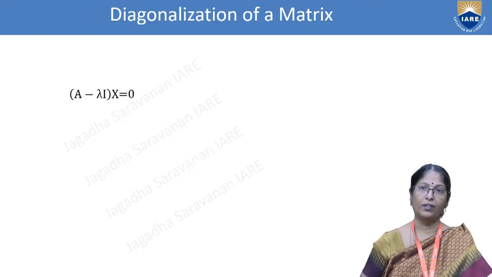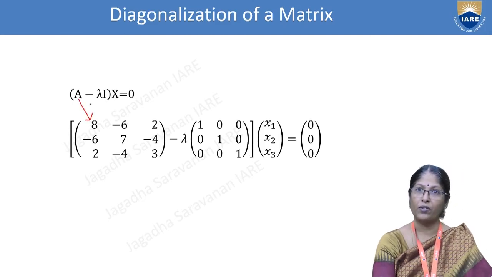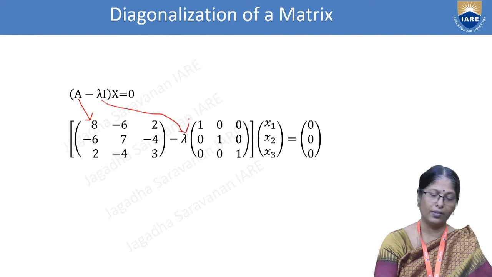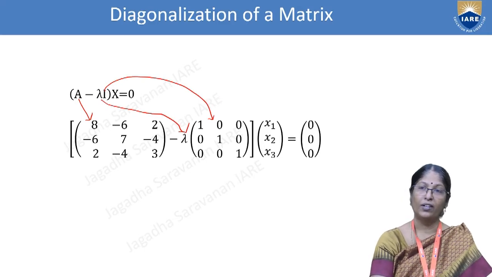Now that is written. A, we have just written the given matrix. The lambda is written as it is. And I, we have taken the unit matrix of order 3 by 3.